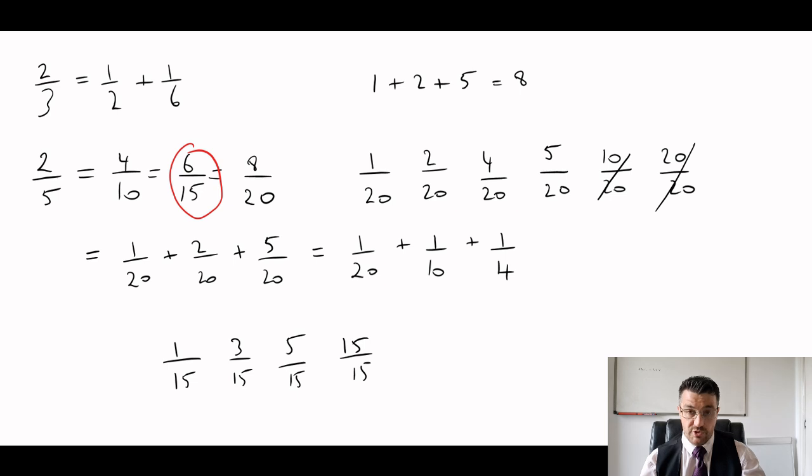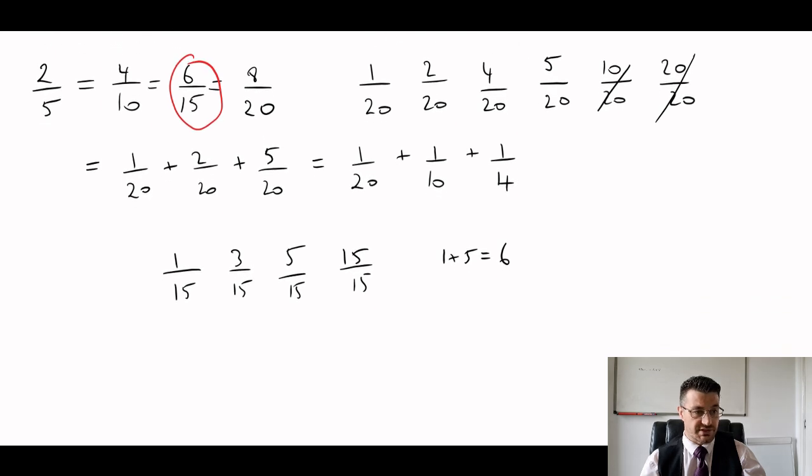Let me look at the numerators of each of these, and is there any way that I can add a selection of these numbers together to get 6 in this case? Well, yes, there is. 1 plus 5 is equal to 6. So the upshot is that 2/5 is also equal to 1/15 plus 5/15, or better written as 1/15 plus 1/3, which is also a friendly form.